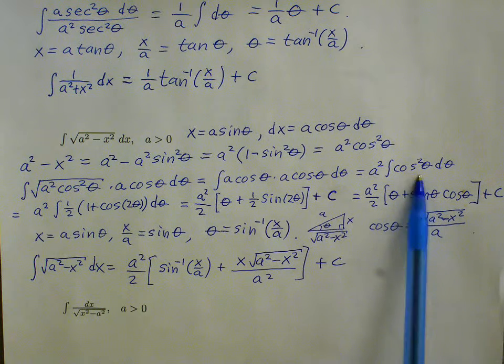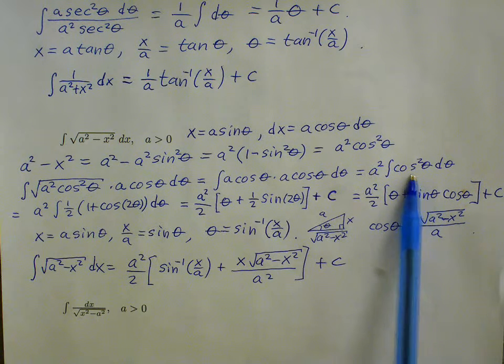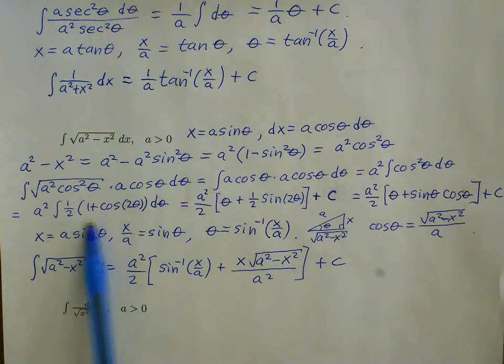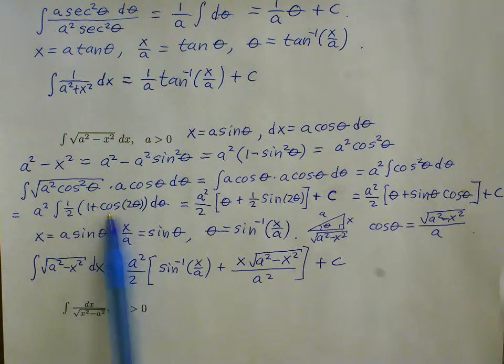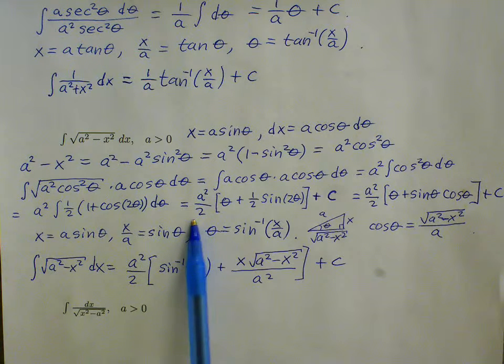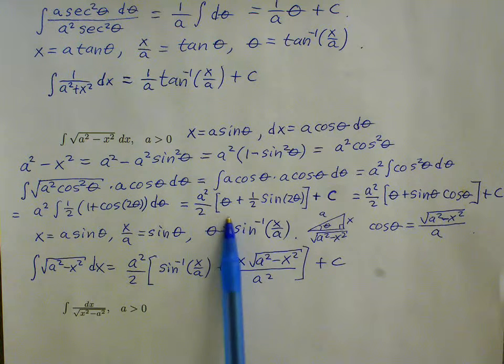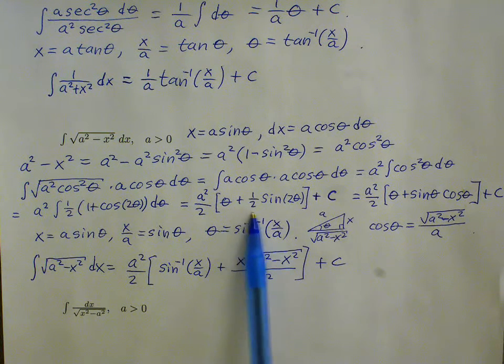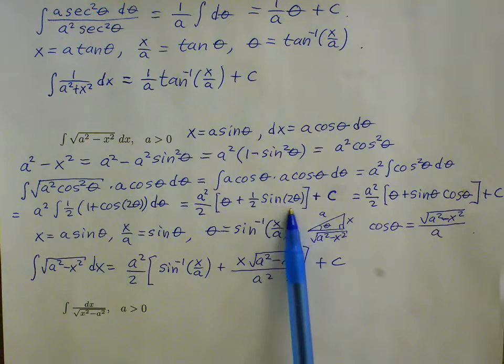And then we use the identity for cosine of theta squared, which is 1/2 times the quantity 1 plus cosine of 2 theta. And then computing the integral, the constant a to the second divided by 2 is multiplied by theta plus 1/2 sine of 2 theta plus a constant.